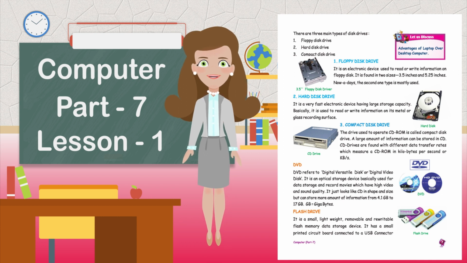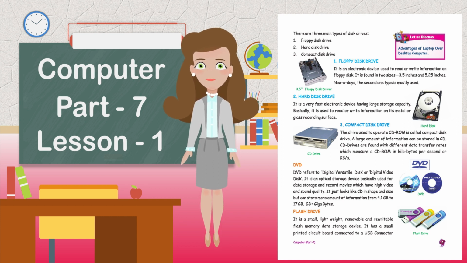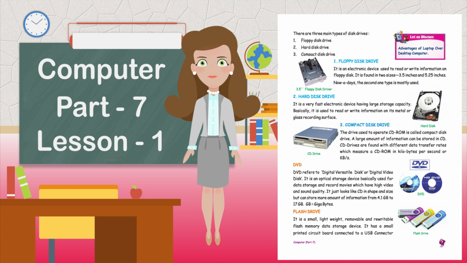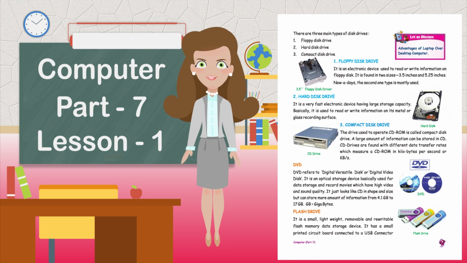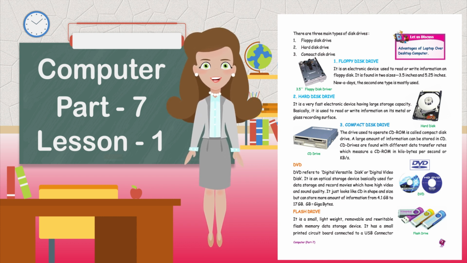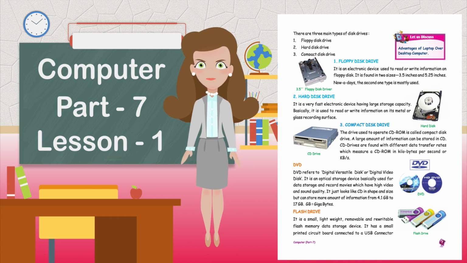There are three main types of disk drives. First, floppy disk drive. Second, hard disk drive. Third, compact disk drive. First, floppy disk drive. It is an electronic device used to read or write information on a floppy disk. It is found in two sizes, 3.5 inches and 5.25 inches.